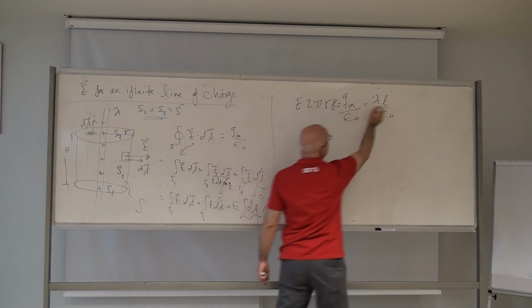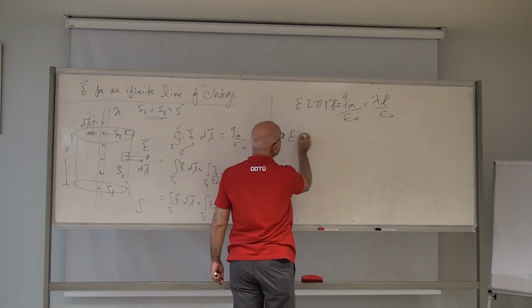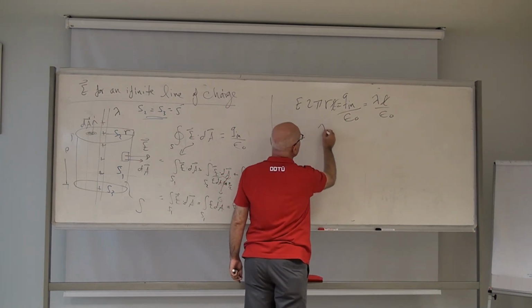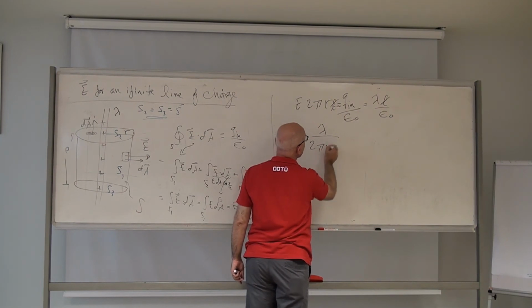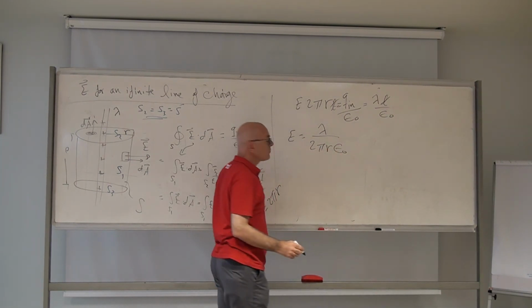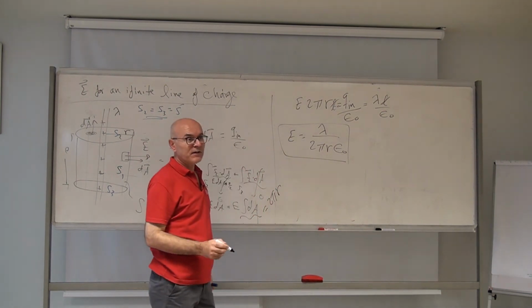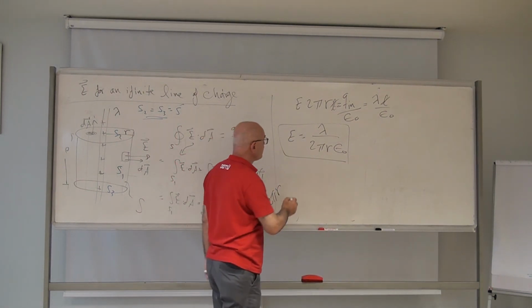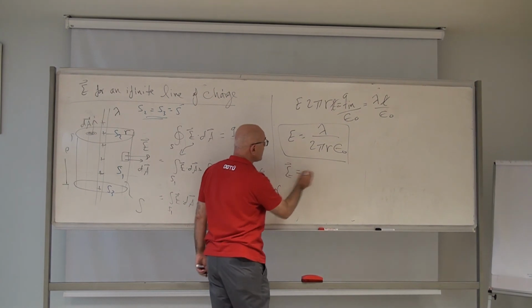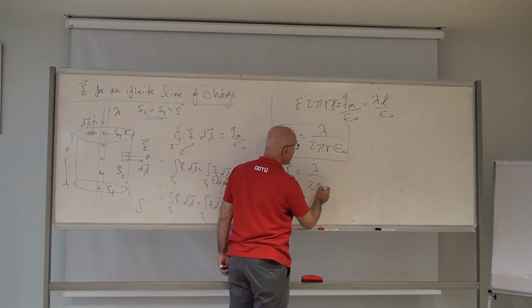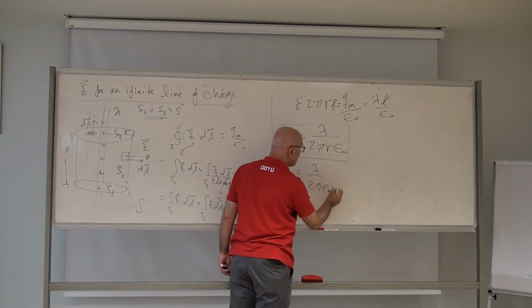Therefore, this L cancels this L, and you get E equal to lambda over 2 pi r epsilon naught. This is the magnitude of the electric field.